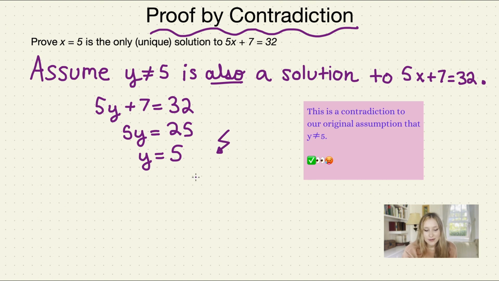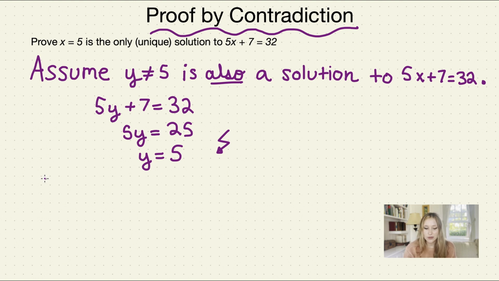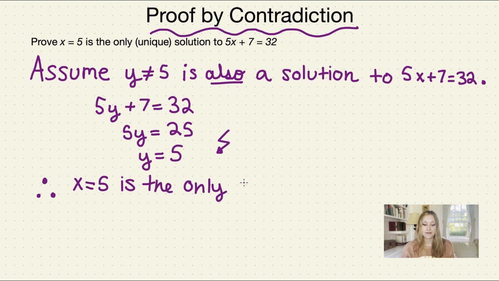We see that little lightning-looking arrow, and that is a common symbol that people use for signifying that this is a contradiction. So therefore, we prove that x equals 5 is the only unique solution to 5x plus 7 equals 32. Great, so that is proof by contradiction.